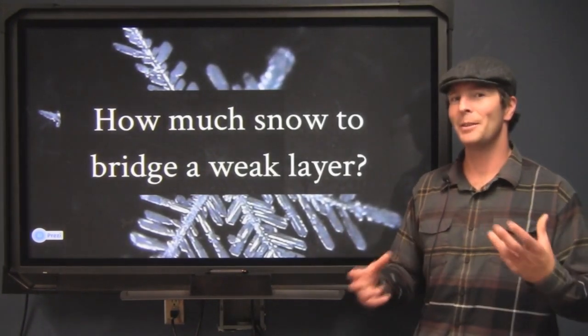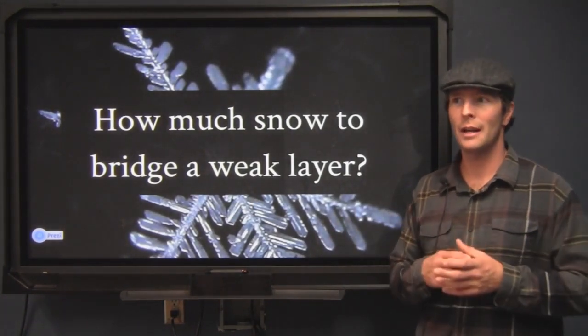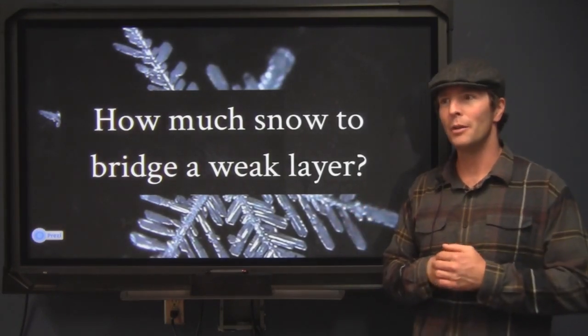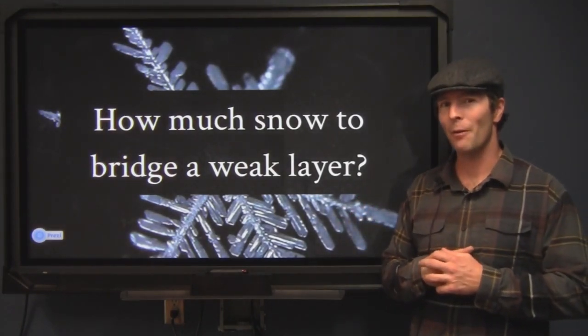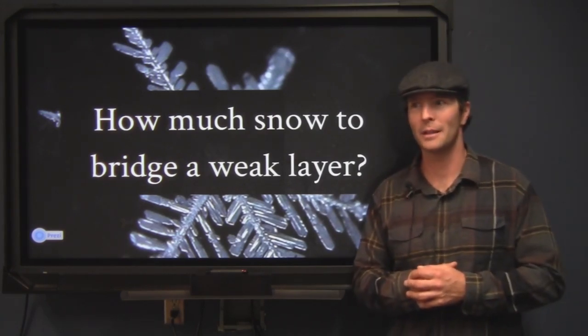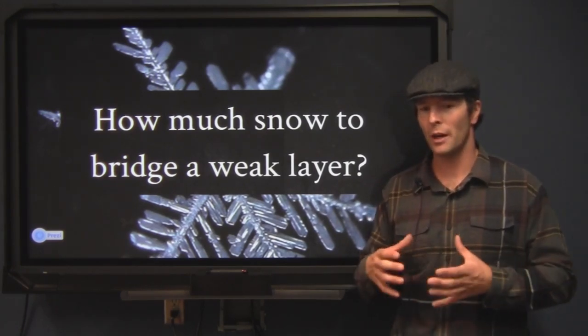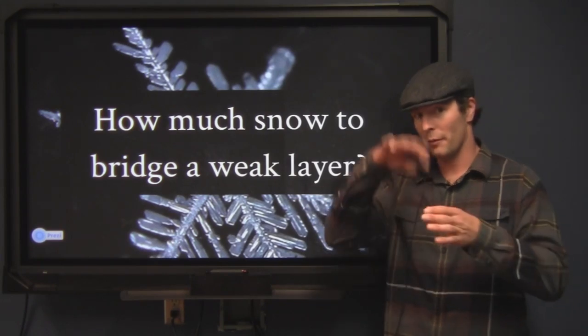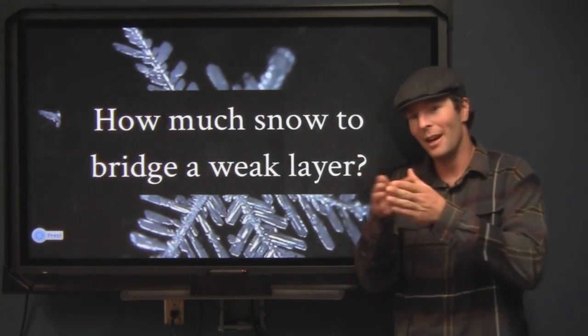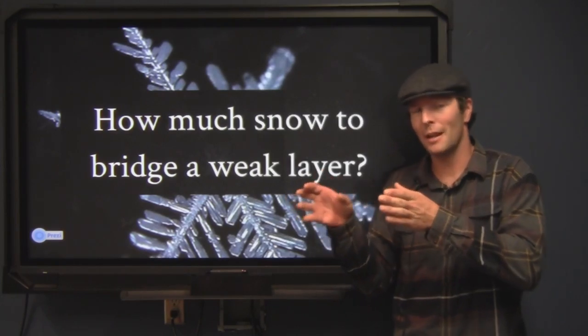Okay, so we have these two numbers, 130 to 190, and we're seeing some data that points us that way, but we do need to be very careful and very cautious when applying that in the field and thinking about it, because the first one is that if you remember the frequency graph, most of the avalanches were on the lower side of that, but there were a few on the outside that were bigger.